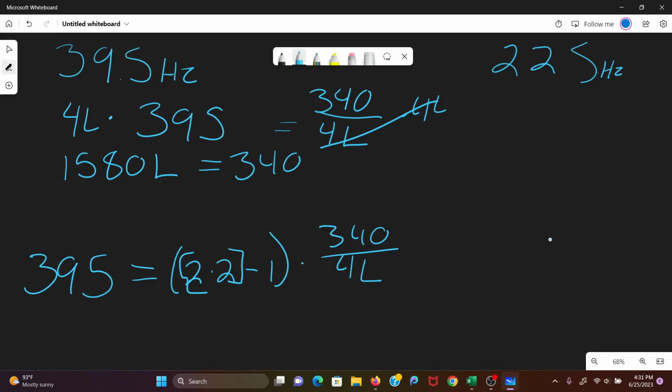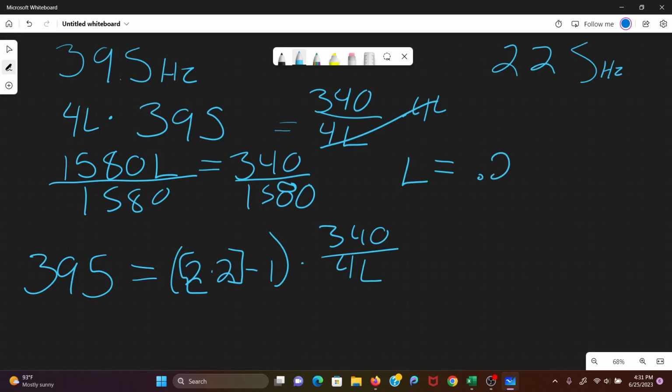Now all we got to do is get rid of the 1580. So L equals 340 divided by 1580, which means L is 0.215 meters. There's your answer.